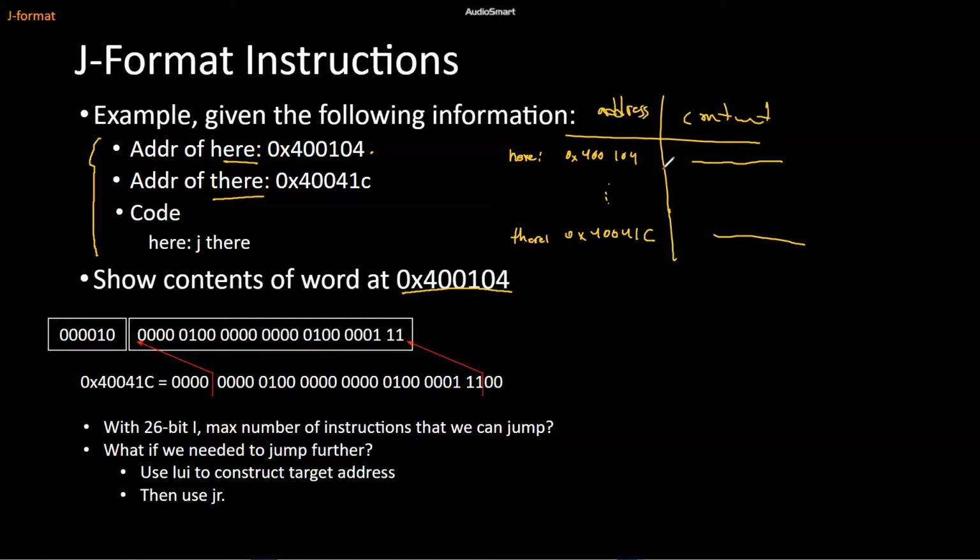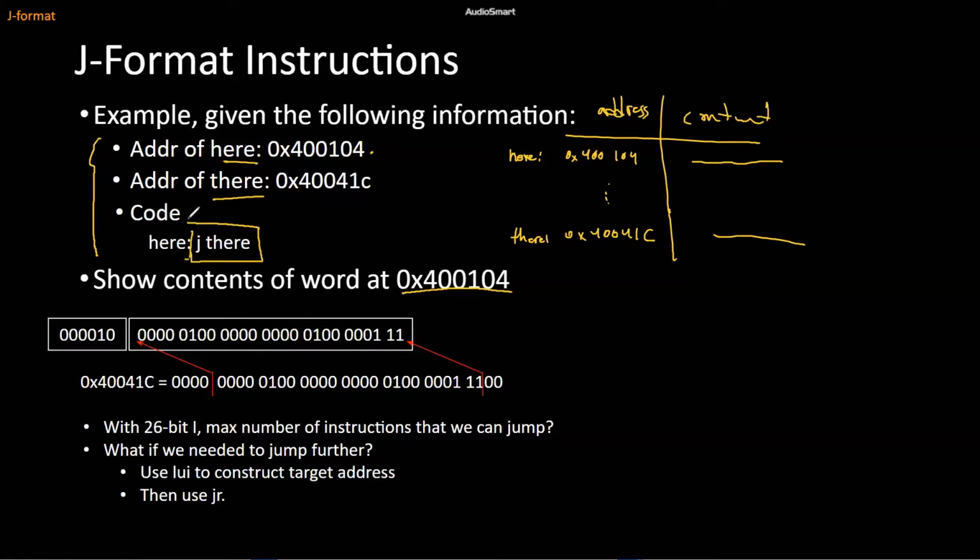So that's the given. When this is asking to get the content for that location in memory, and we know that this is the address for here, basically what it is asking is to assemble this code.